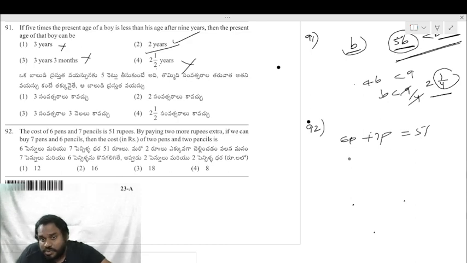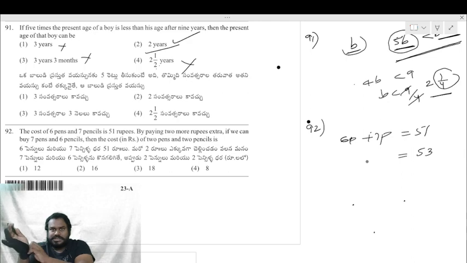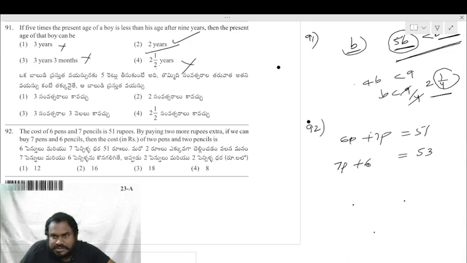By paying two more rupees extra, that means 53 is paid, he is buying 7 pens and six pencils. Writing pens as P and pencils as Q, then the cost of 2 pens and two pencils is?